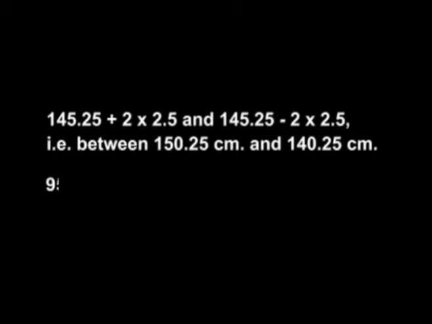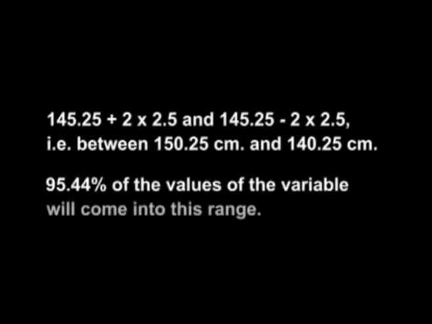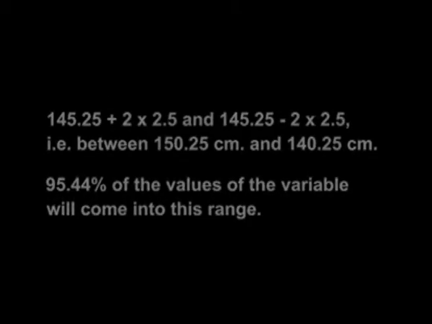And we can say that 95.44% of the values of the variable will come into this range. Similarly, mean plus minus 3 SD will include 99.73% of the values of the variable.